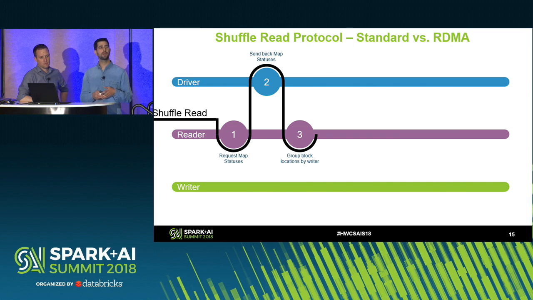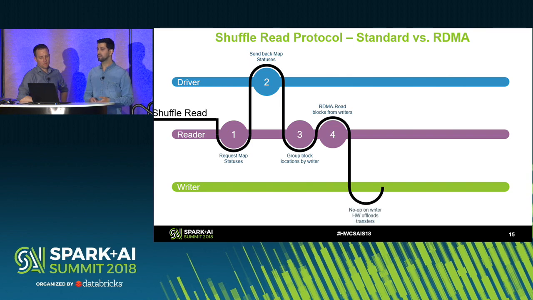So the only thing that we change in this part where we fetch the map statuses is that we piggyback the memory addresses of the blocks on the map statuses that are already in there in Spark. This basically lets us, once we start fetching the blocks, just do RDMA read directly from the remote machines because we already have the memory addresses. In this case, when we do a remote RDMA read, it's basically a no-op on the writer side.